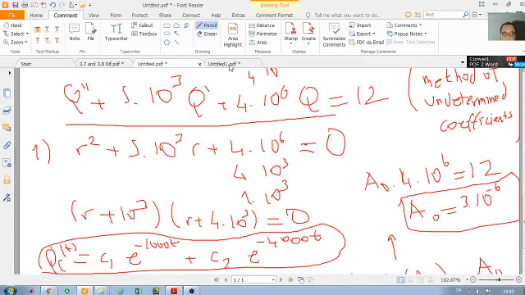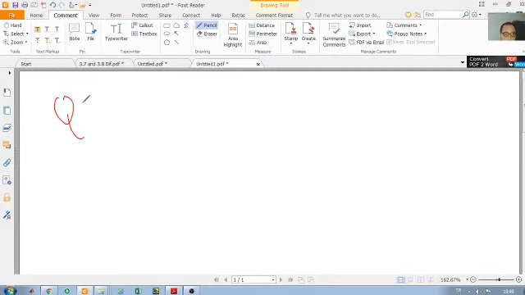So the solution q of t is equal to the solution of the corresponding homogeneous differential equation plus the particular solution obtained by the method of undetermined coefficients.